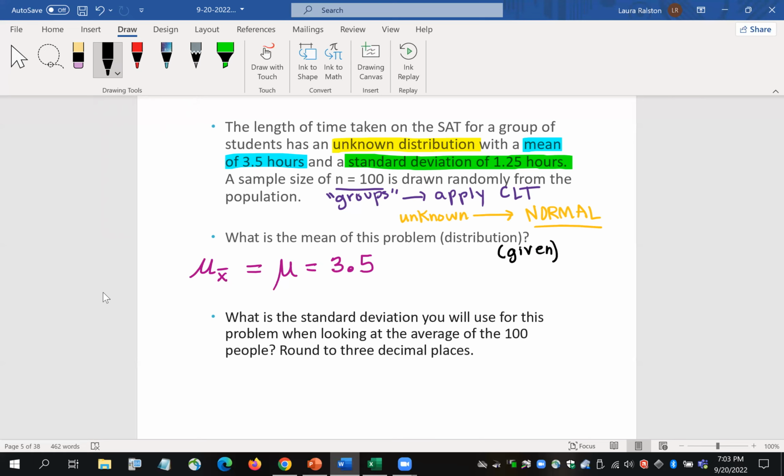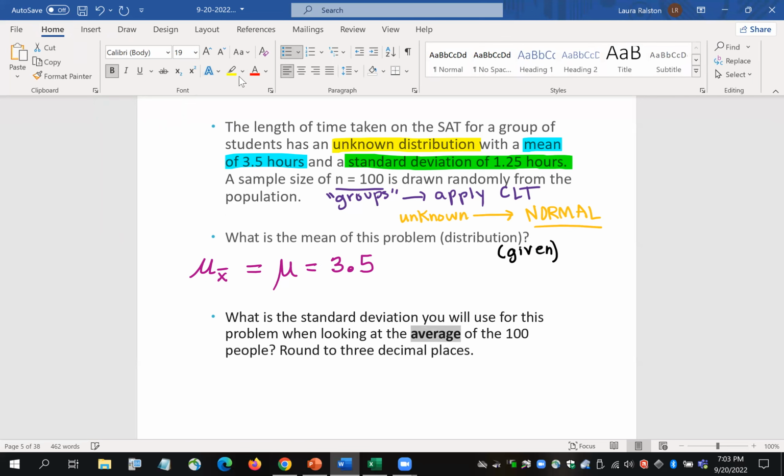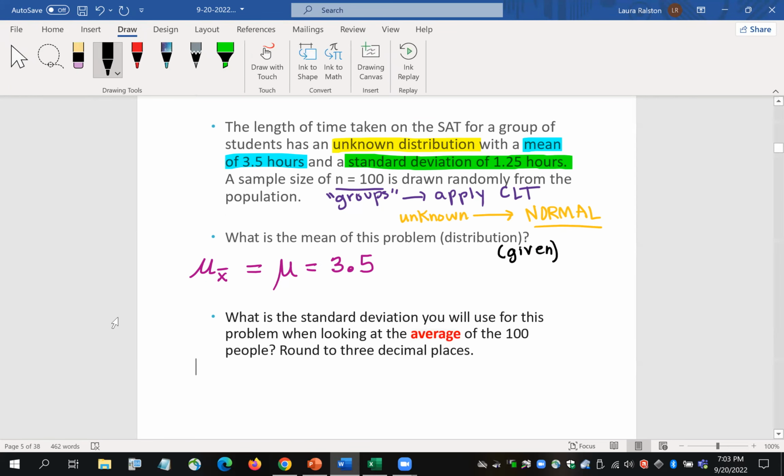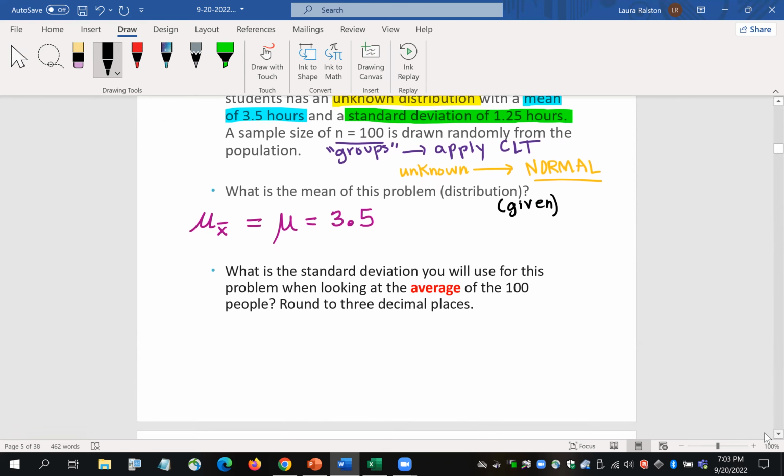Then we need to determine the standard deviation. You need to read carefully because it says, what is the standard deviation you will use for this problem when looking at the average? That word is important. Of the 100 people, and round to 3 decimal places.